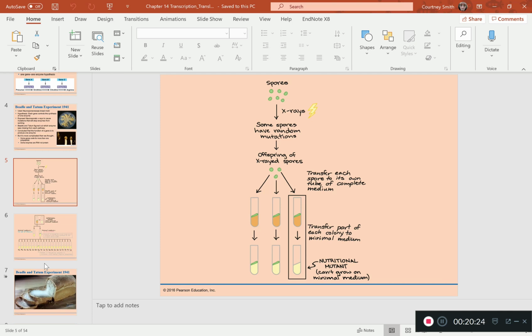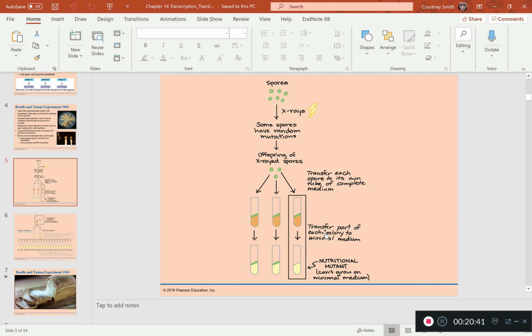Afterwards, they took the descendants, the progeny of the mutated bread mold, and grew them individually in minimal growth medium.